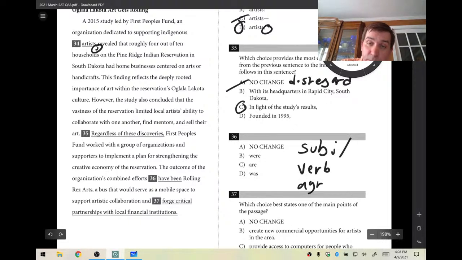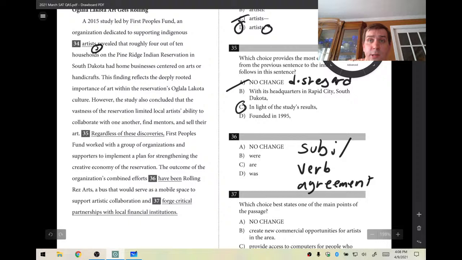A subject must agree with its verb in number. Well, what's the subject? It's this outcome. We're going to highlight it. So the outcome was. The outcome, singular, not were.